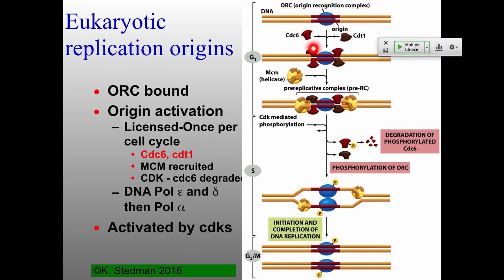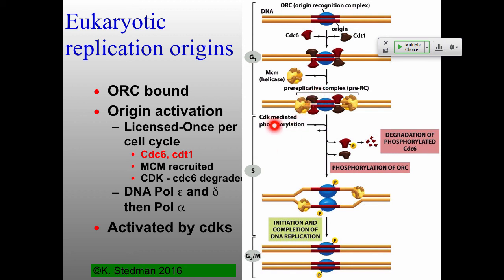Because what happens is these get put together. You get your helicase loaded, your MCM. Then helicase activity starts here, but it's this phosphorylation step that happens right here. Phosphorylation happens to the ORC complex, but also to Cdc6.